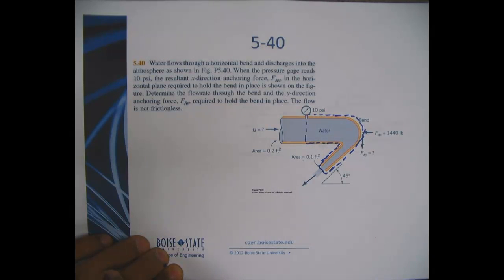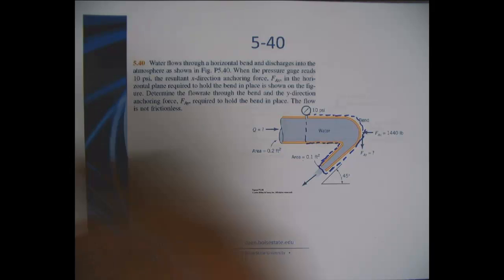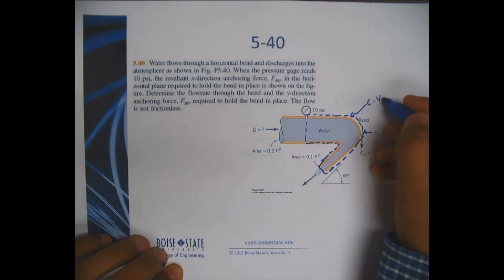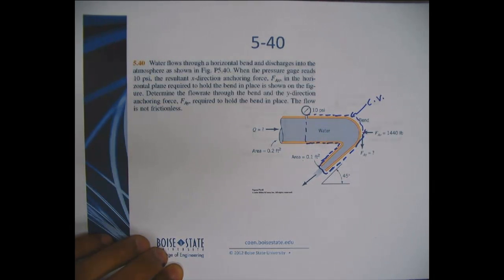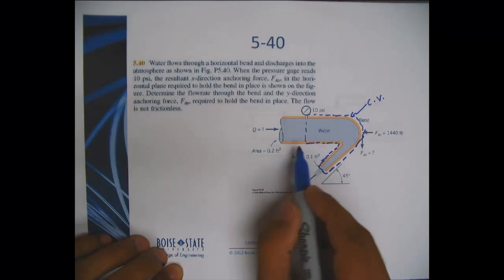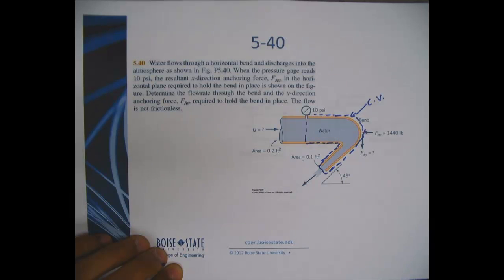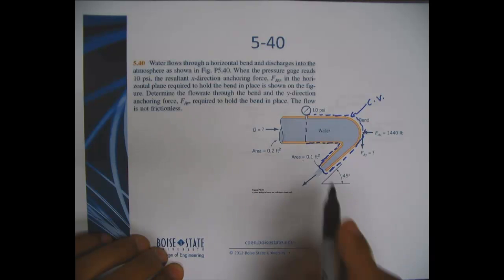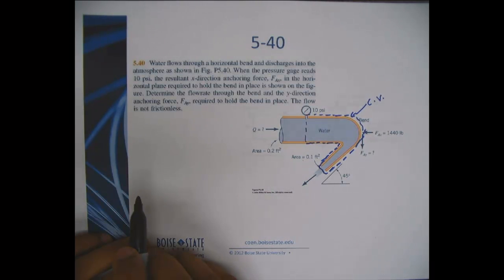If I represent this as my control volume, I have these forces here, and this pressure can also be converted to a force based on the area we are given. So all we have to do here is apply the linear momentum conservation principle in the x or in the y, depending on what we are asked to find.